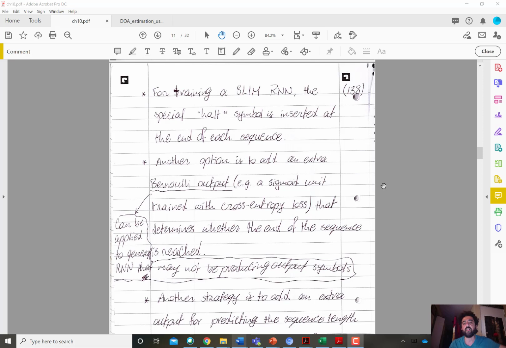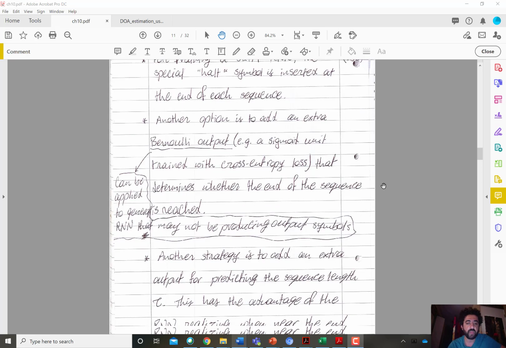If it's 1, then this is the end of a sequence. If it's 0, then the sequence has not ended yet. The advantage of that is that it could be applied to general recurrent neural networks, even if their output is real numbers, not symbols.